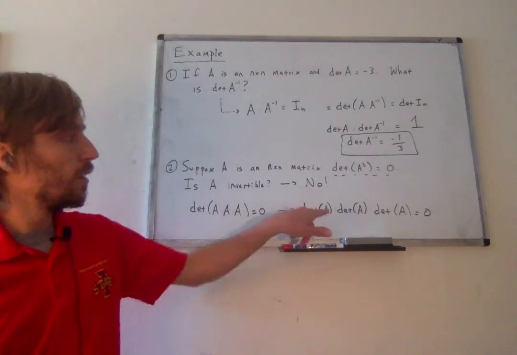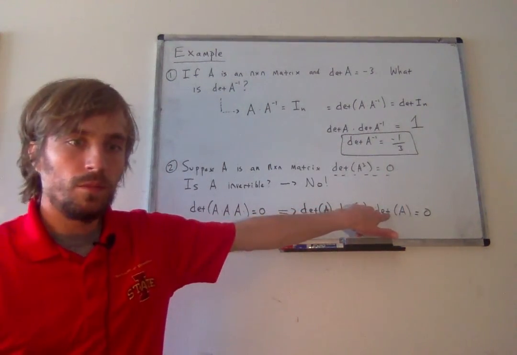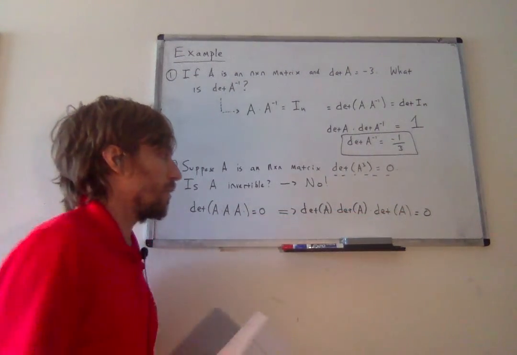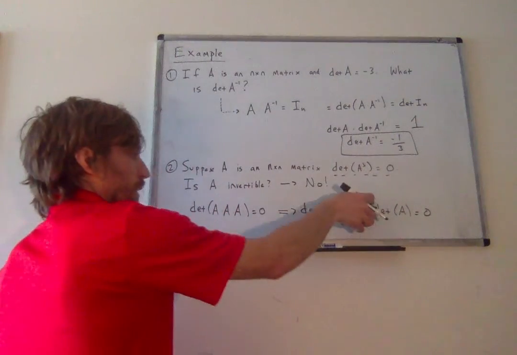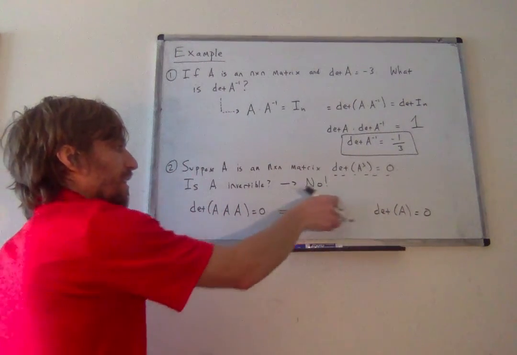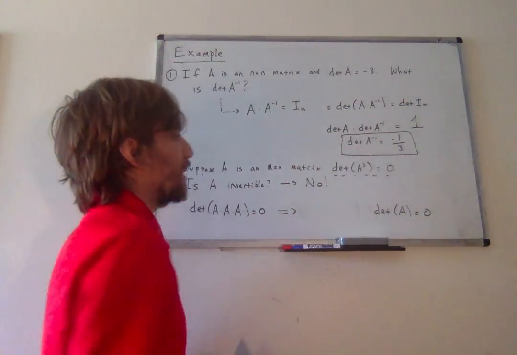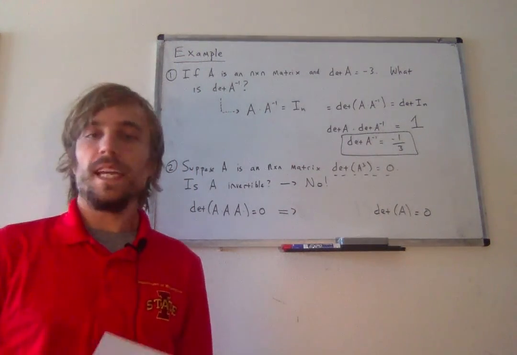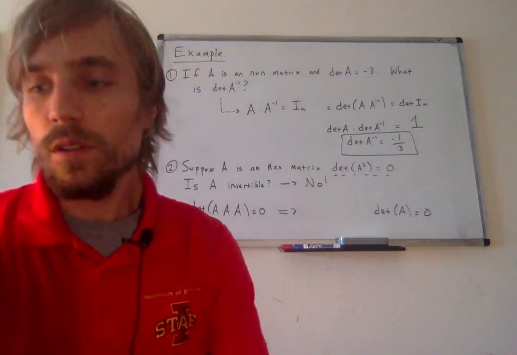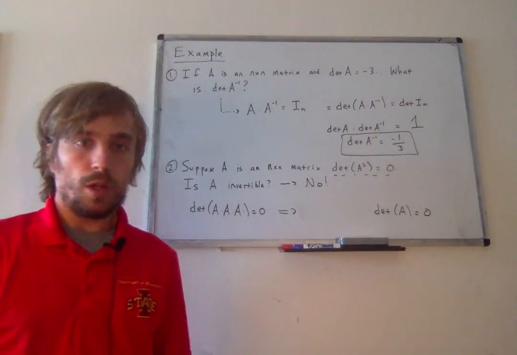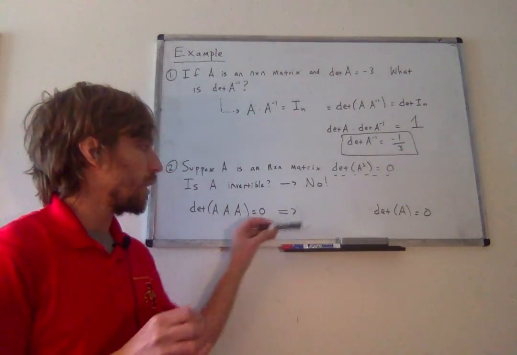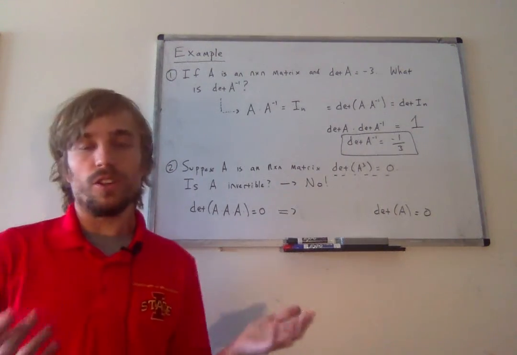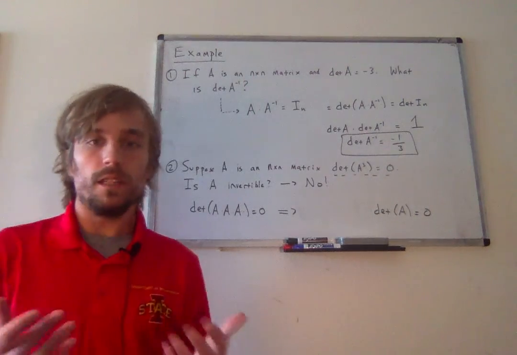But notice, each of these 3 numbers are the same, and their product is equal to 0. So the information here is a little redundant. This implies that the determinant of A is equal to 0, and by Theorem 4, A cannot be invertible. So, like I said, there'll be a couple more problems like this on your worksheet, and then 1 or 2 more on your homework. I highly recommend trying them. I think they're a lot of fun, and they're very nice problems.